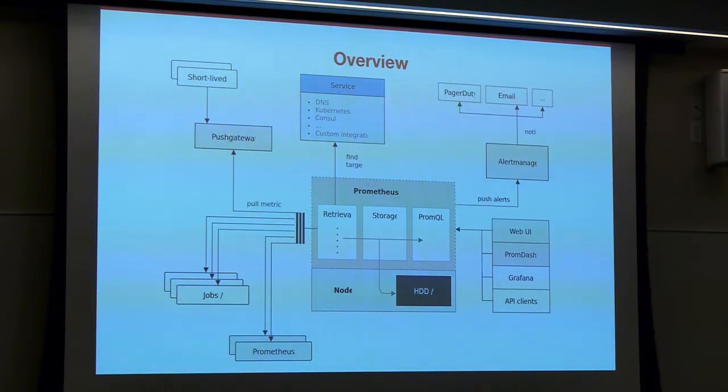The other part of the ecosystem is the alert manager. I won't really talk too much about that today. But all the Prometheus servers send or push their alerts to a single alert manager. You might ask, why is it an extra component? The reason is, for HA, you usually set up 2 servers, and both of these servers will send the same alerts to the same alert manager, and then the alert manager will deduplicate them and only send you one single notification.